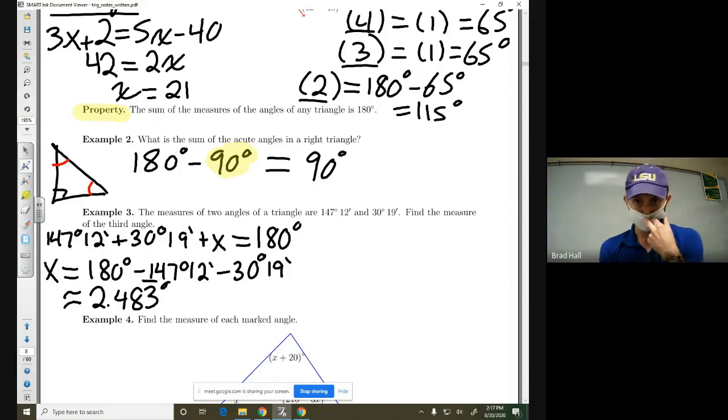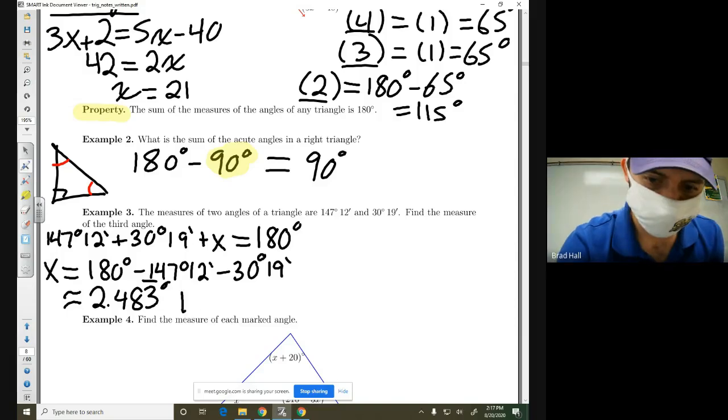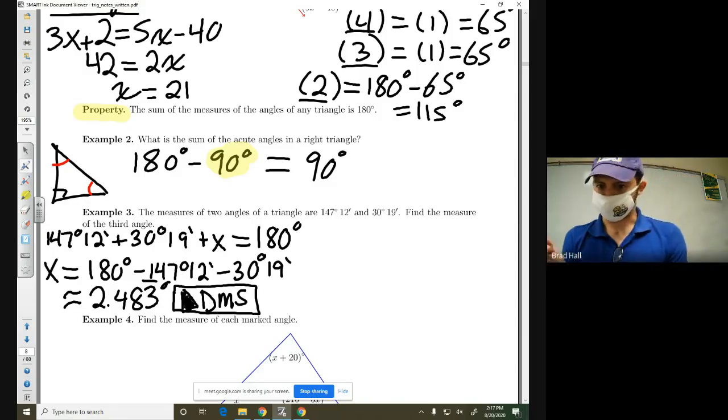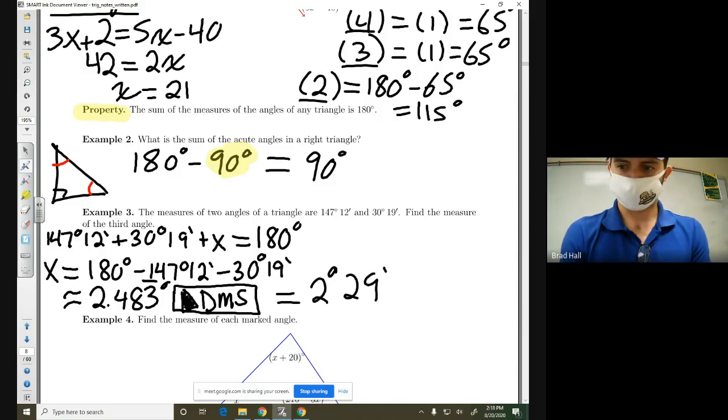Well, I showed you how to do that yesterday as well. You have to use that arrow DMS button in the calculator. Again, I showed you how to do that yesterday. And then you would get a precise answer, 2 degrees, 29 minutes.